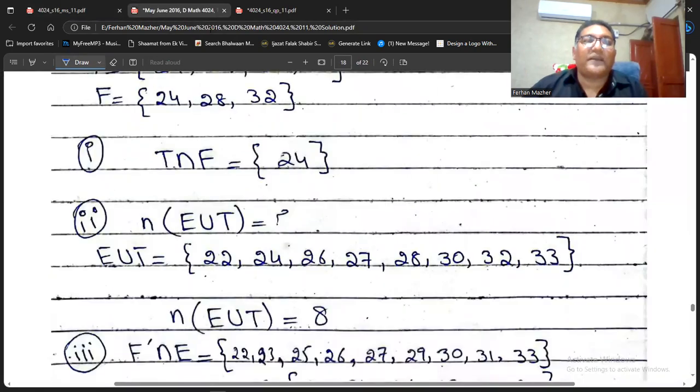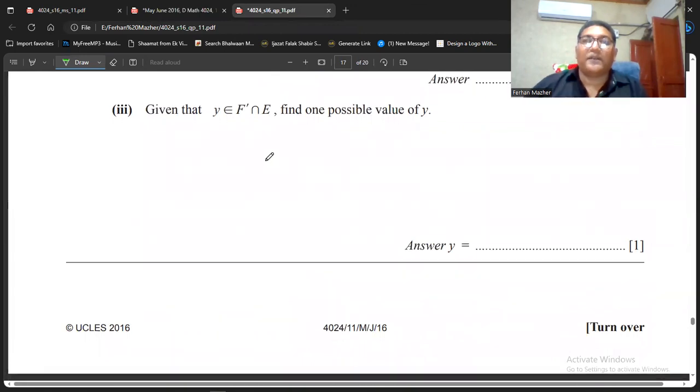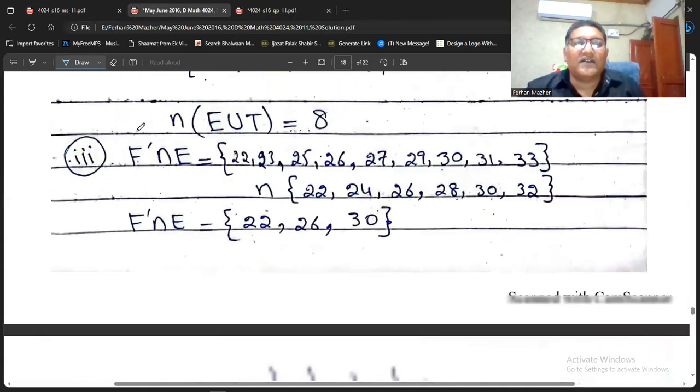8 members. Okay. Question number 23B, third part. He says, given that Y belongs to F complement intersection E, find one possible value of Y. Okay. So for F complement intersection E, first of all, I will write down the F complement.